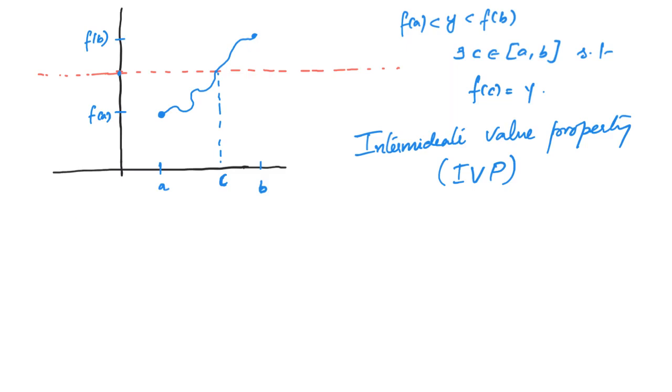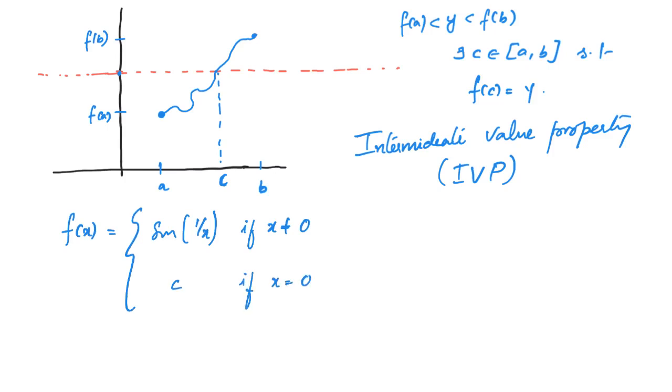The function of interest is f of x is equal to sine of 1 by x if x is not equal to 0, and c if x is equal to 0. So what does the graph of the function look like? What happens is that as x gets closer and closer to 0, the oscillations of this function get faster and faster.